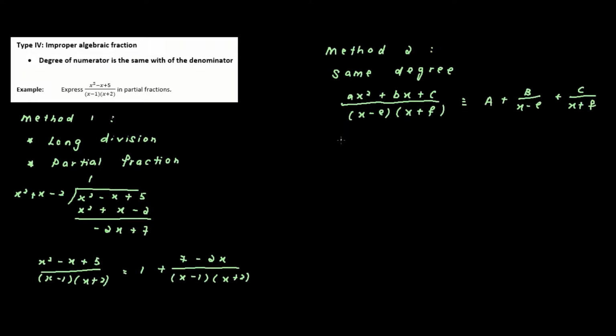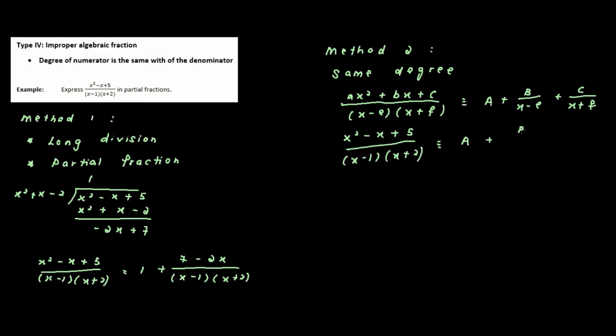So later, when you try to expand, for example, if I look at this question, I have (x squared minus x plus 5) divided by (x minus 1)(x plus 2). So what I will be getting is, you see x squared, and when I expand, I have x squared also. So the degree is the same. That's why I have an A individually outside.